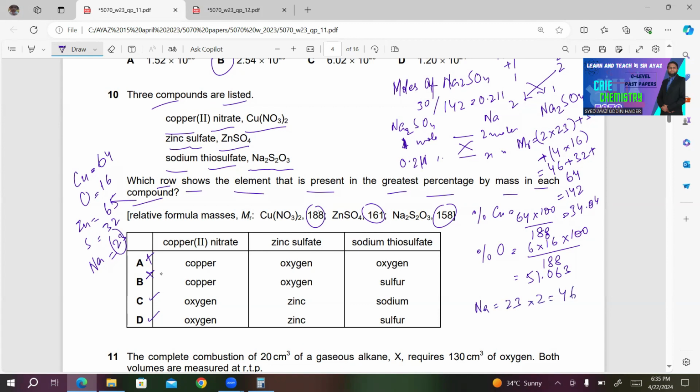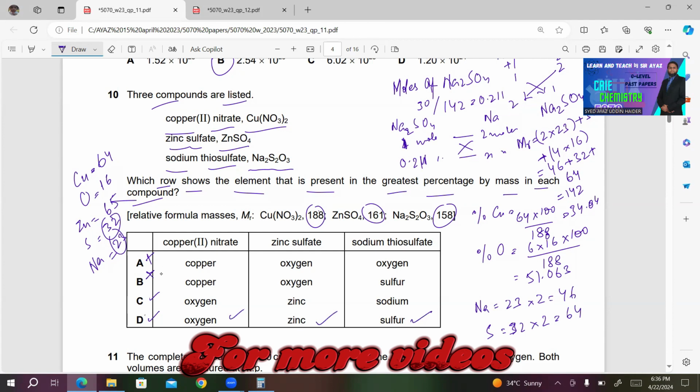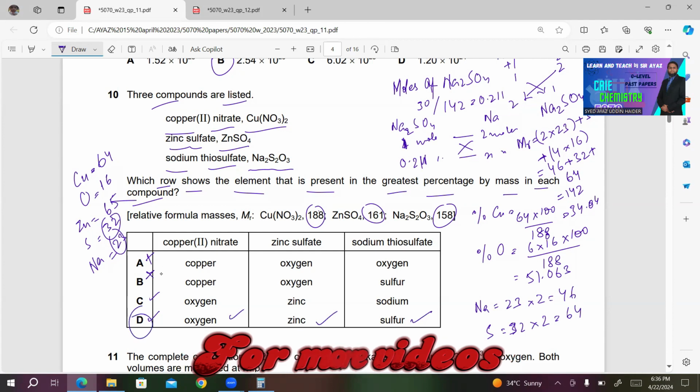What about sulfur? Sulfur is 32. So 32 multiplied by 2 because there are 2 atoms of sulfur in it, and you will get 64. So obviously sulfur must be present in the large percentage. So D must be the right answer in this case.